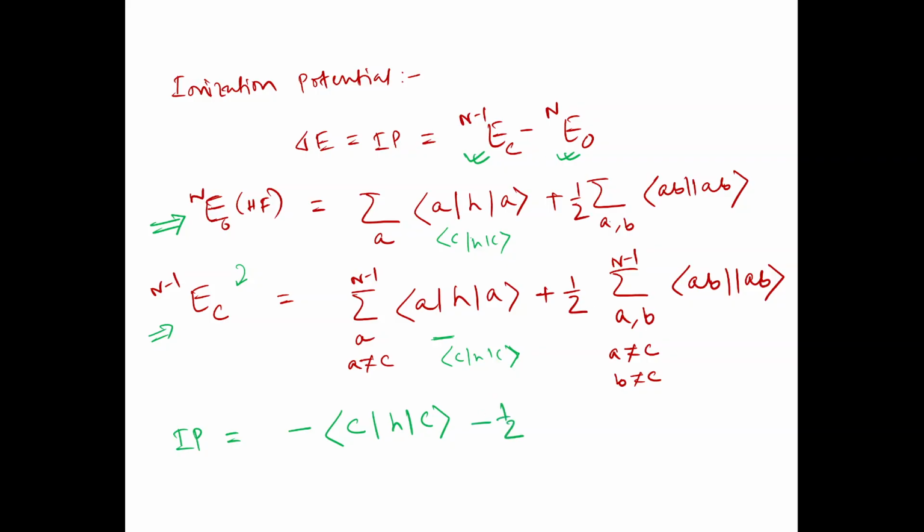You have two summations, one over A and one over B. A goes from 1 to N and B goes from 1 to N, right? Now let me write it separately. Let's say you are summing over A. Look at this term.